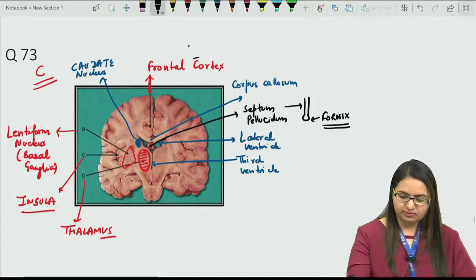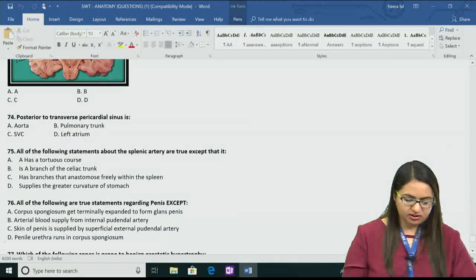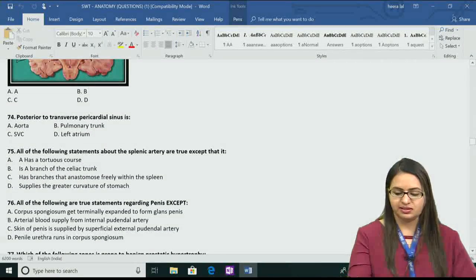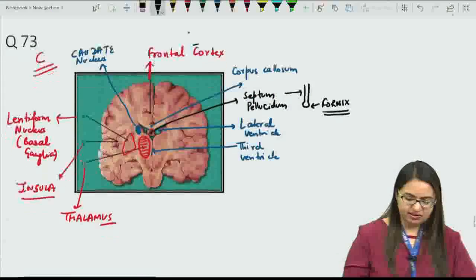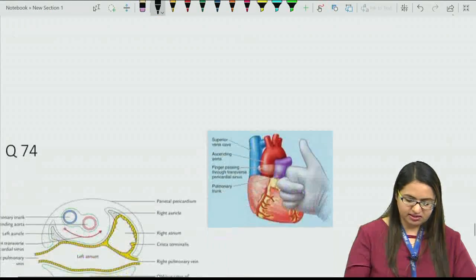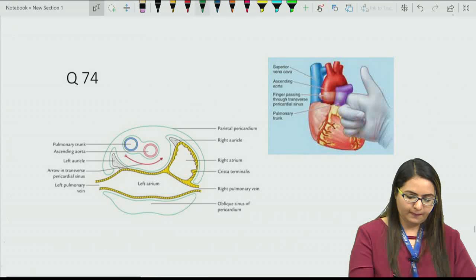Now next question, question number 74. It is talking about the transverse pericardial sinus. This transverse pericardial sinus is present towards the superior aspect of the heart.